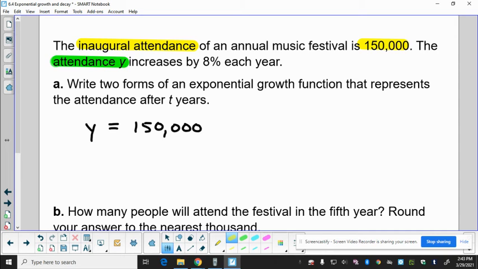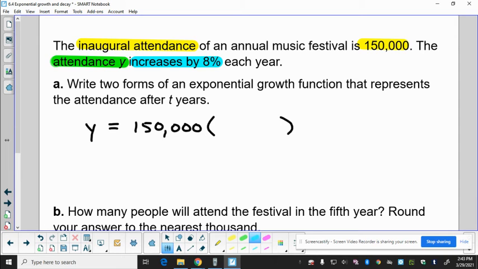And then you need to represent the growth factor next. When we represent the growth factor, there should be a percentage associated with this. So it's increasing by 8% each year. So if it's increasing, then this number needs to be over 100. It needs to be 108%.